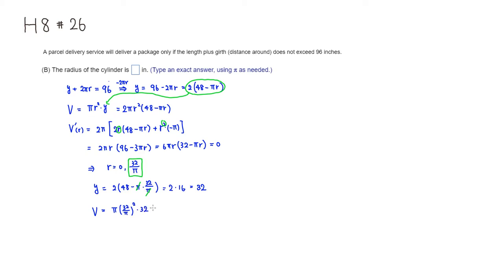There's a 32 squared and another 32, so you have 32 cubed. There's going to be pi on top and pi squared on the bottom, so one of the pi cancels out.